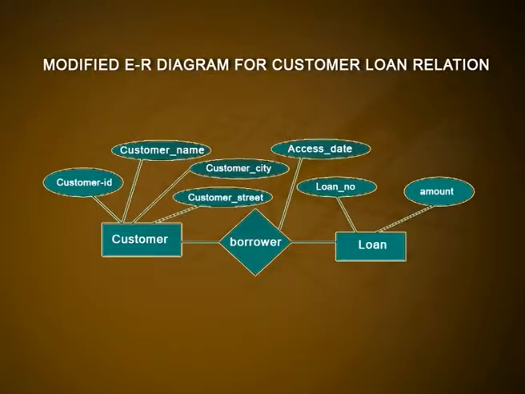Customer has the attributes customer ID, customer name, customer street and customer city. The loan is associated with the attributes loan number and amount. If the relationship set has some attributes associated with it, these attributes should be linked to that relationship set as given here.